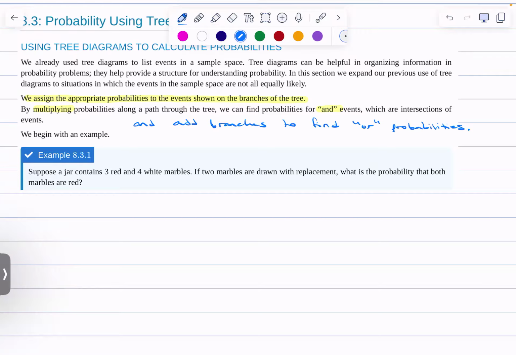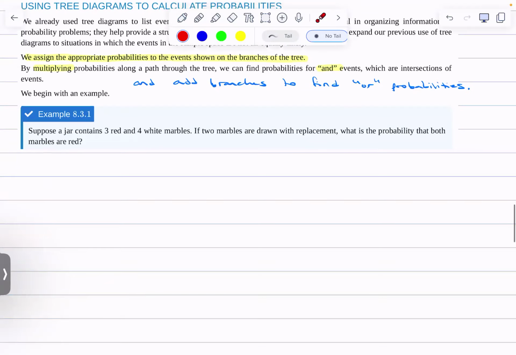Let's have a look at an example. You have a jar with 3 red marbles and 4 white marbles, and if 2 marbles are drawn with replacement, what's the probability that both marbles are red? Let's start with just the outcomes. We can make a tree diagram here.